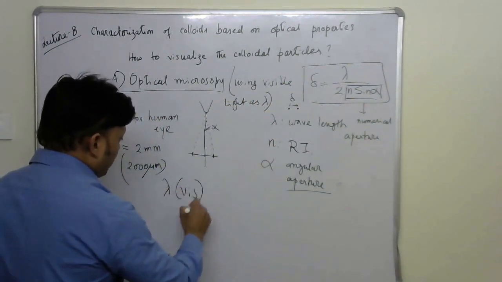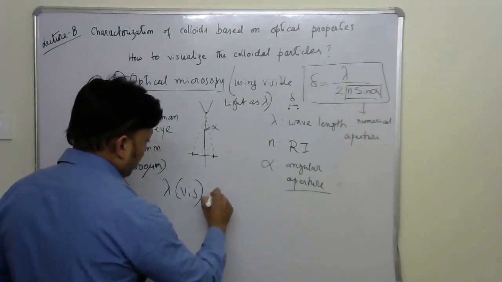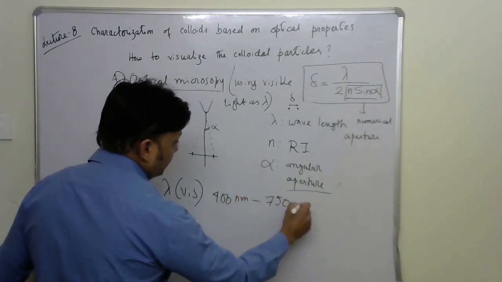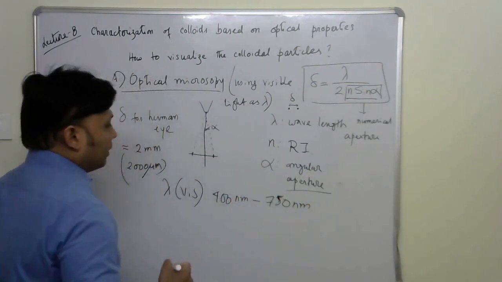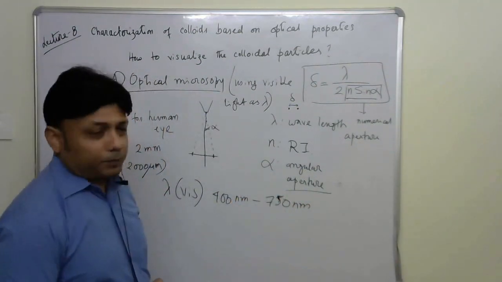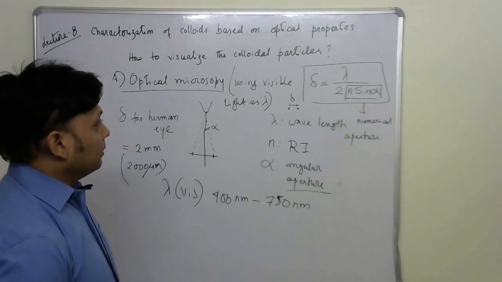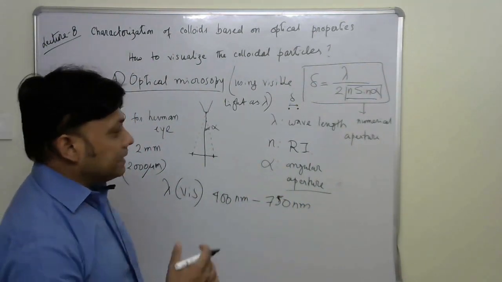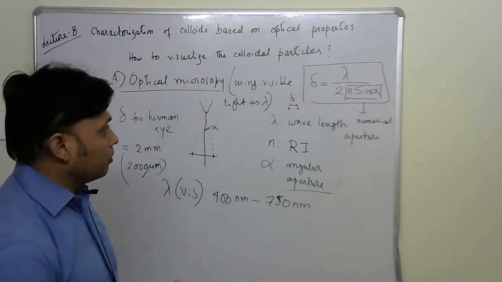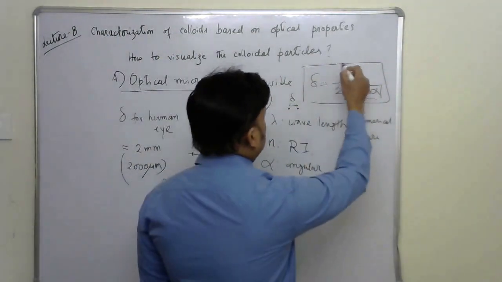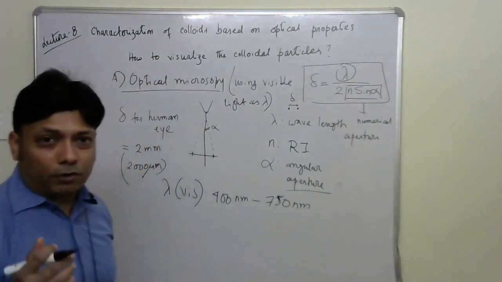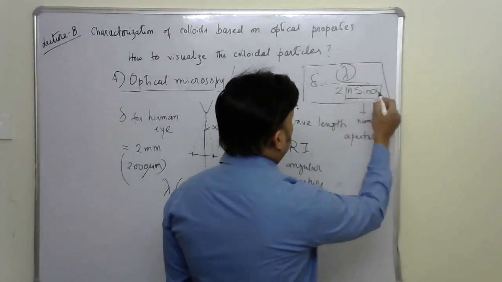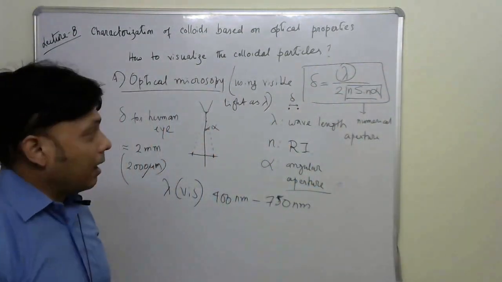Lambda for visible light, we know, is in the range of 400 nanometer to 750 nanometer, roughly. All right. So the thing is how to increase delta resolution using optical microscopy. We can't do much about this lambda because our visible light is already fixed. So what we can play with is the n sine alpha values.